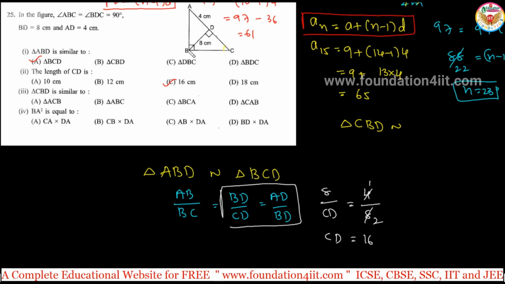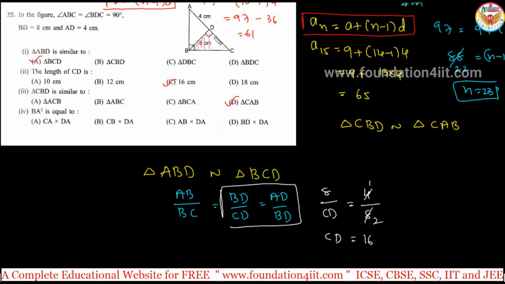But CB is the hypotenuse for this small triangle, so it should be CA. It must be the triangle starting with CA, and the next letter is B. So CBD is similar to CAB. See the position only. This is the triangle similar to the entire big triangle ABC.